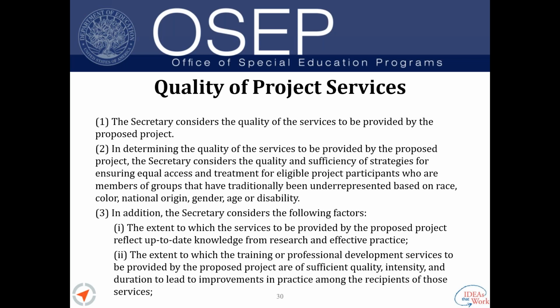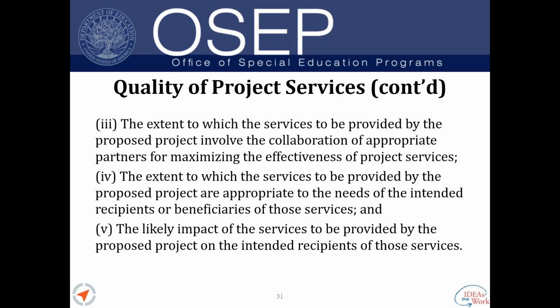I'm not going to read each of the sub-criteria for the remaining selection criteria. But please note that the selection criteria are also in the NIA and the application package, and applicants should carefully review them. Here, the quality of project services is worth 25 points.